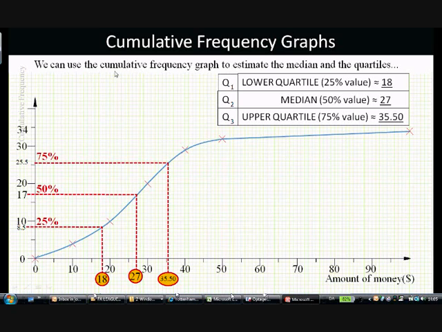And so that's using the cumulative frequency graph to estimate the median and the quartiles. Again, it's only an estimate because we don't know the exact values, and there probably isn't anyone with exactly $35.50, but it's just a good estimate from the information we have of how the data are split up. So just write that all down.